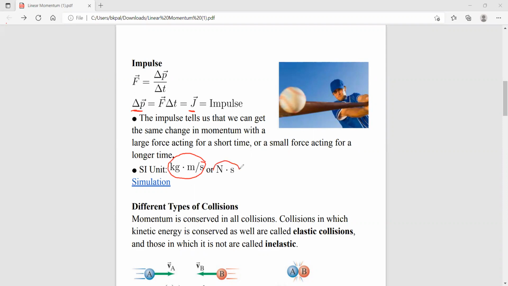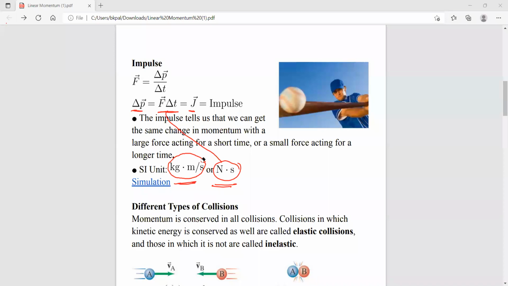Newton second comes from this expression, Newton for the force and second for the time. Both units are correct, and both are used when we solve impulse related problems.